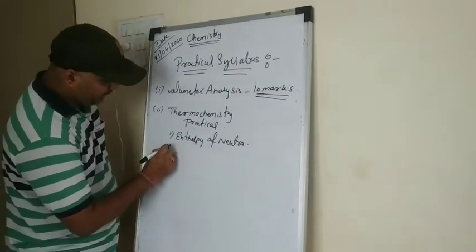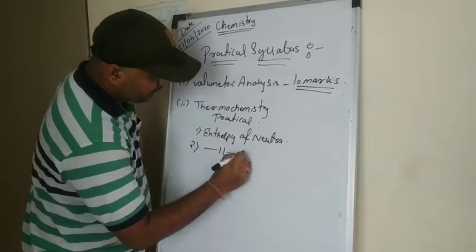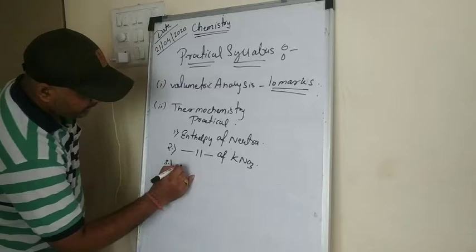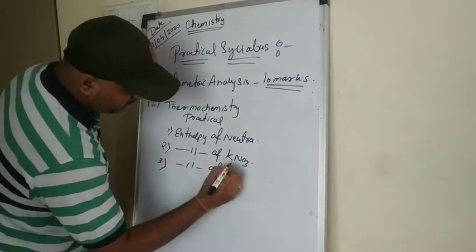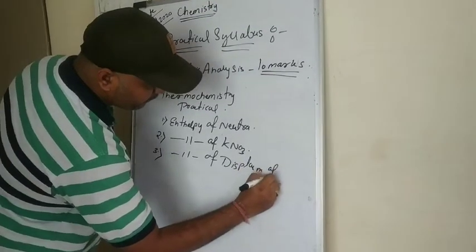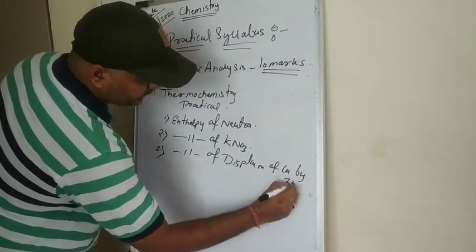Then the second practical, enthalpy of KNO3. Third practical, enthalpy of displacement of copper by zinc, right?